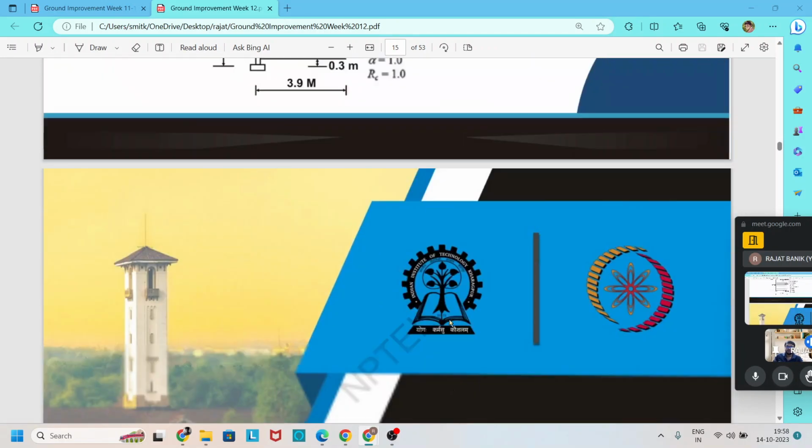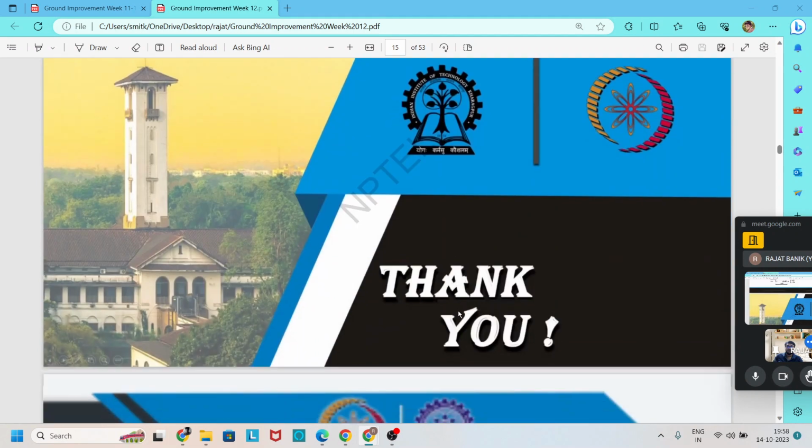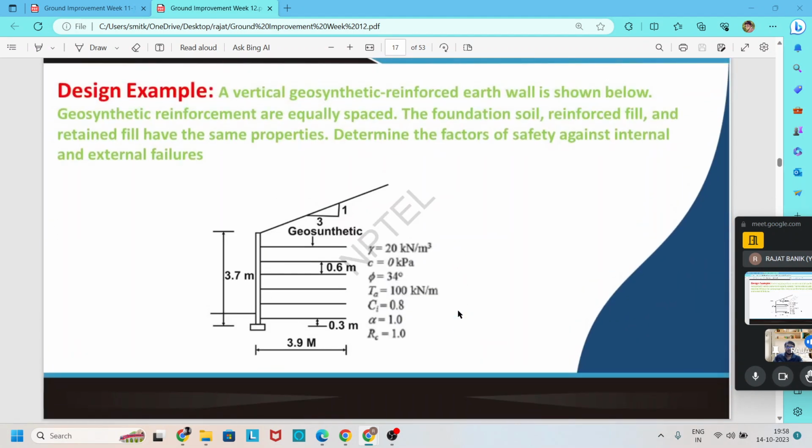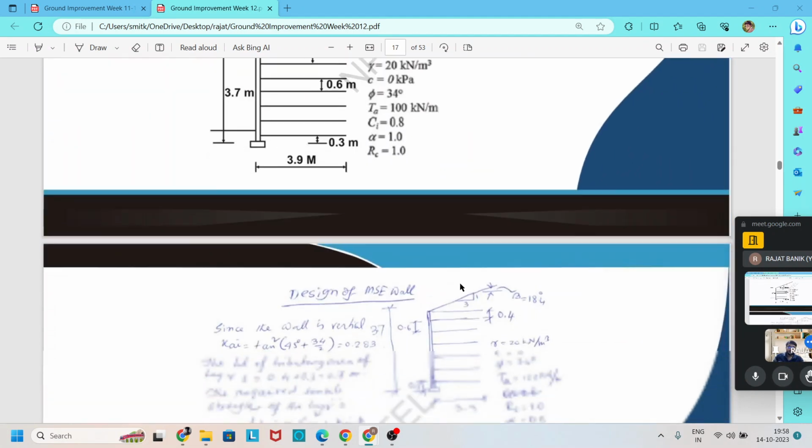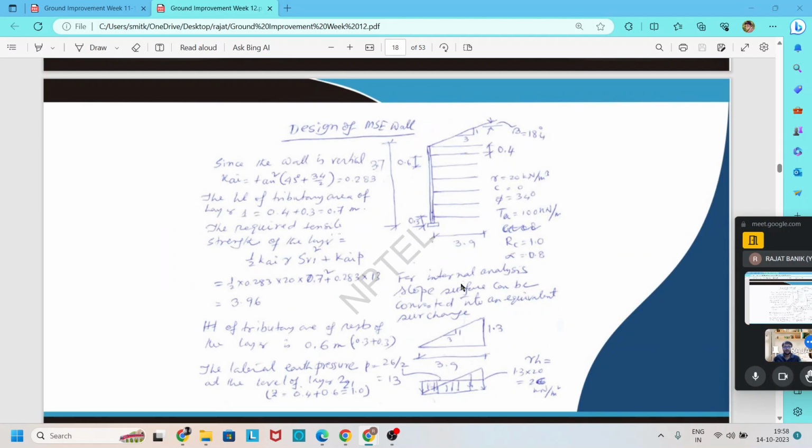Then we discuss one design problem where we find the layer by layer tensile forces and the maximum tensile forces created due to this arrangement.